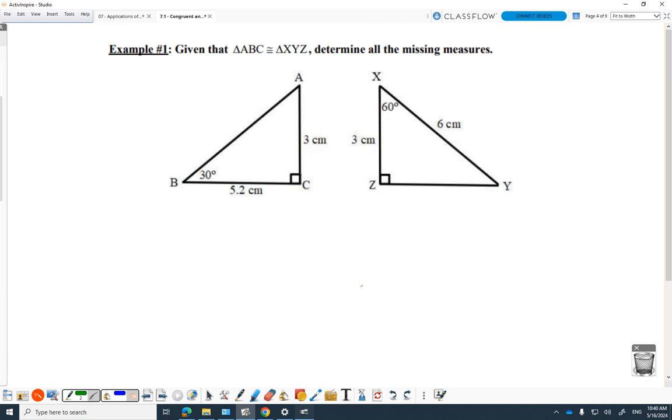Example. Given that triangle ABC is congruent to triangle XYZ, they're telling me right off the top these are the same triangle. It says, find all the missing measures. I hope you don't need me for this.